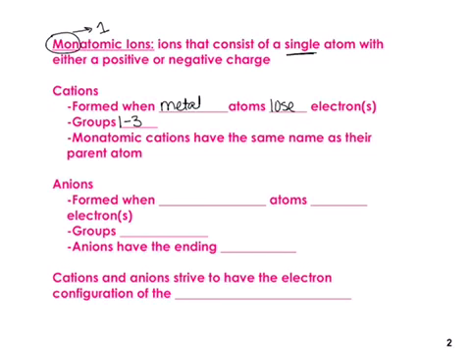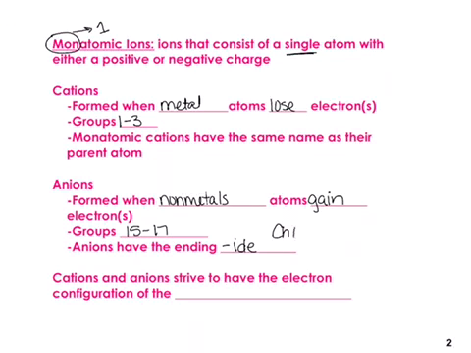The monatomic cations have the same name as their parent atom. And then our anions form when nonmetals gain electrons, and this will be in groups 15 through 17. And the anions will have the ending "ide."